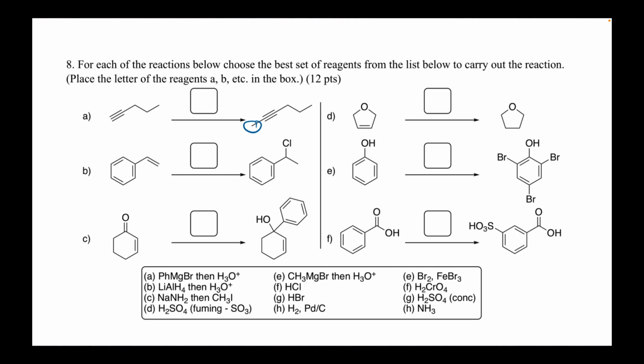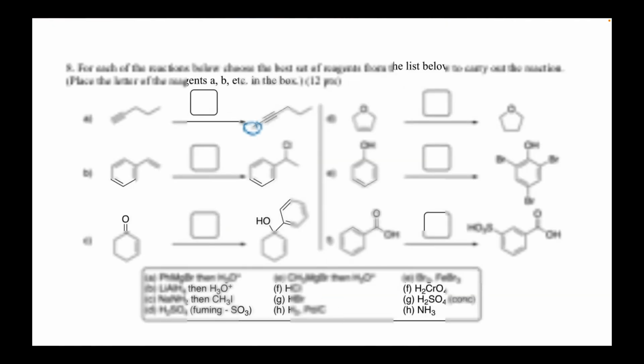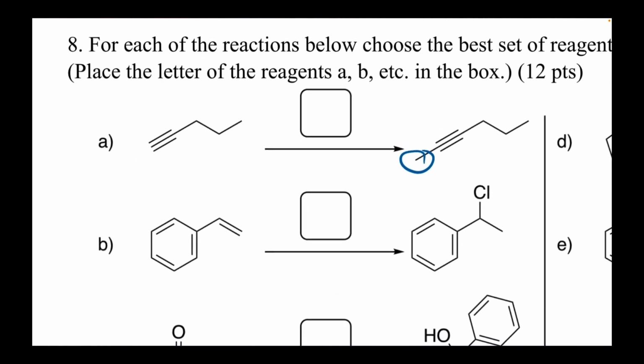To add a carbon onto an alkyne, we first have to do what to it? There's a hydrogen there now. Remember what we can do with alkynes that we can't do with other carbon-hydrogen bonds? We can actually deprotonate it and make a C-, make the alkyne into a nucleophile.